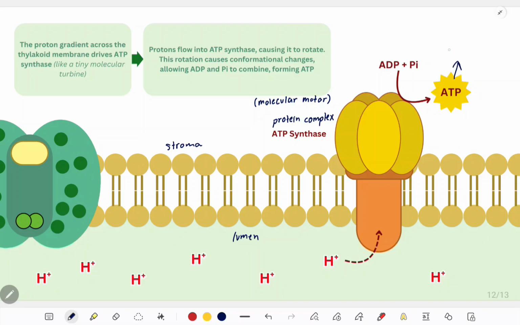And ATP will be used, just like NADPH, in the Calvin cycle. So 1 ATP is produced per 1 proton.